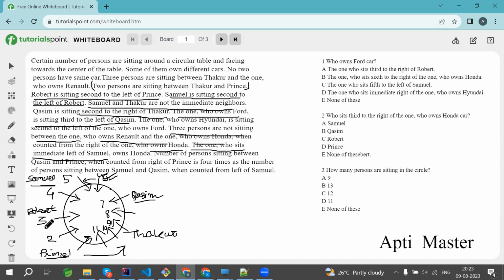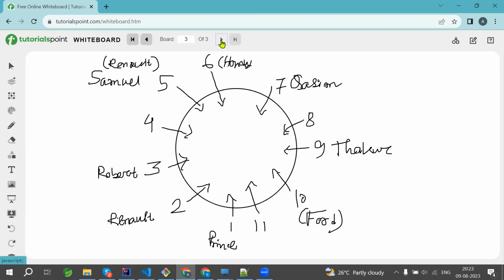Basically the one who owns Renault sits at 2. Then there will be three persons sitting between the one who owns Renault and the one who owns Honda when counted from the right of the one who owns Honda. This is not possible. Okay. So for this reason, Samuel owns the Renault, not the second person, right?